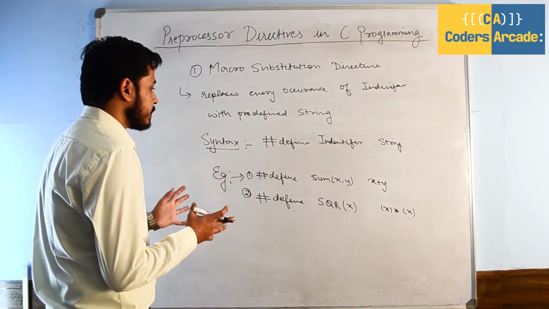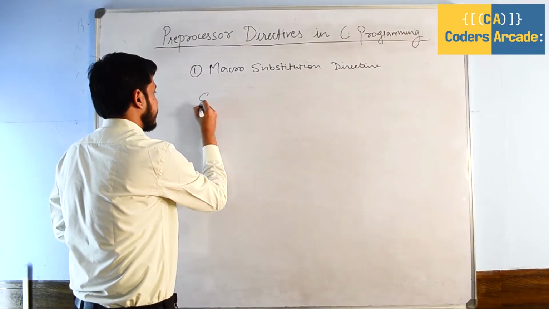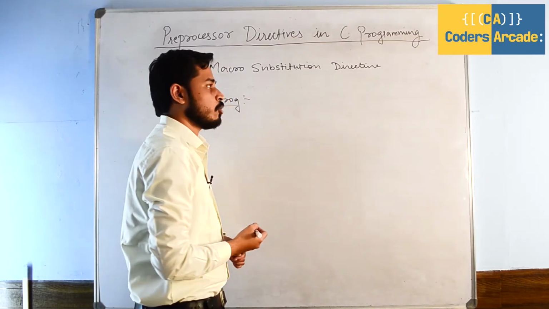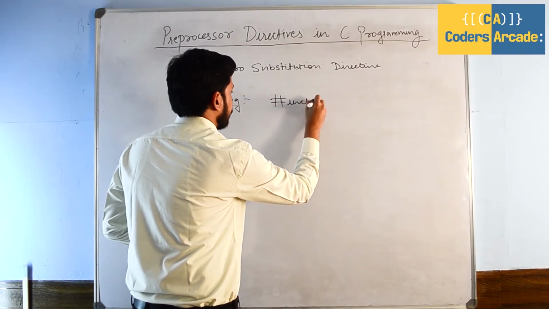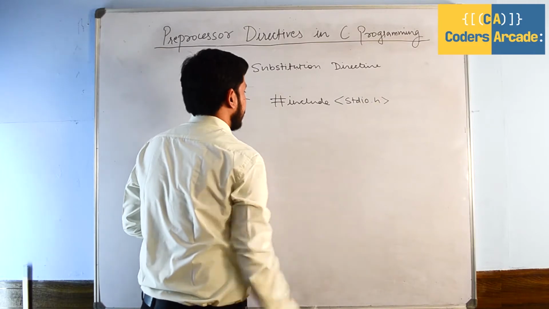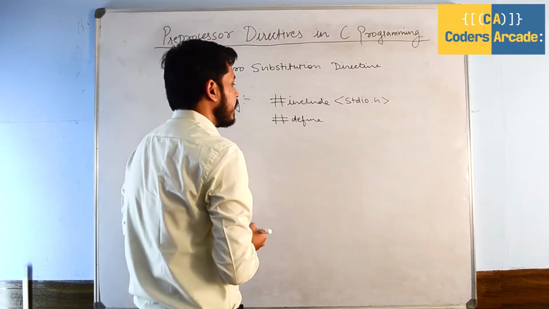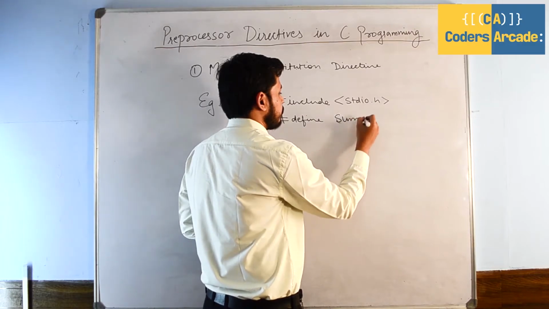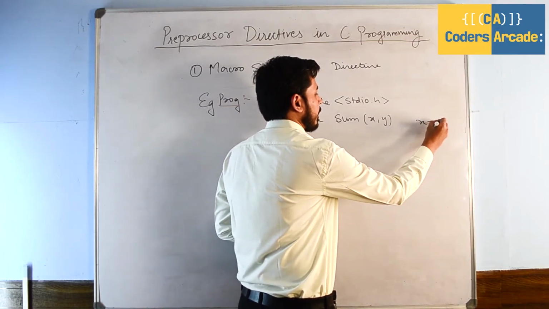Now let us understand this logic with the help of an example program. First of all, we will start again with the #include statement. So #include <stdio.h>. Then I'm going to define a macro. So for that we have #define, and let us take the first example, SUM(x, y) will be replaced with x + y.